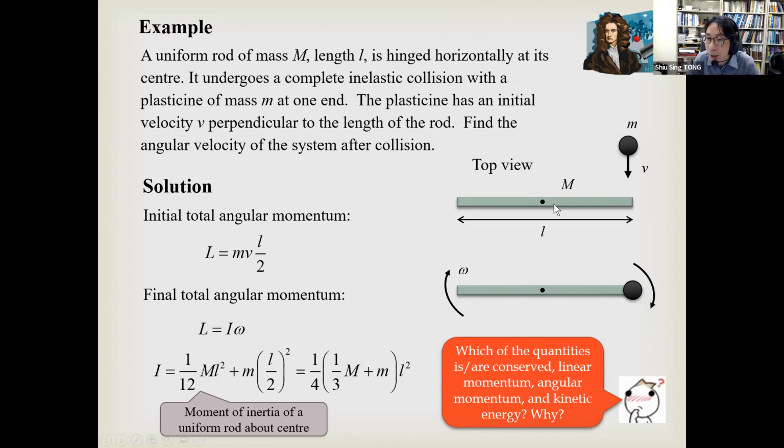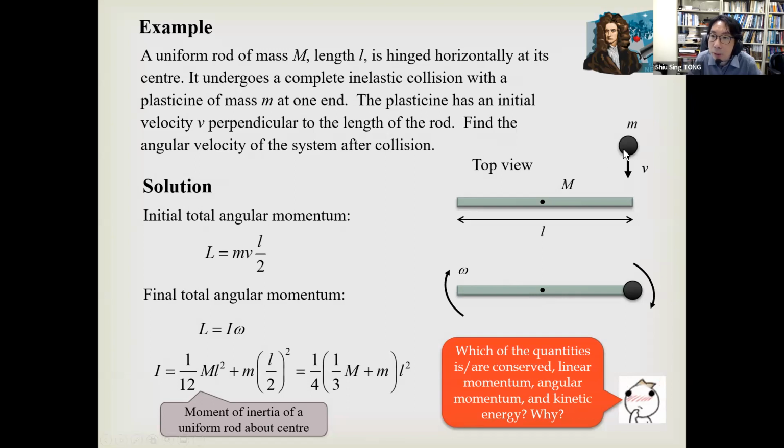The initial velocity is perpendicular to the rod, so that when the mass reaches the end of the rod, it collides with it and sticks to the end of the rod. So the whole thing rotates with a certain angular velocity omega. After the plasticine sticks to the end of the rod, the whole thing rotates together about the pin at the center.